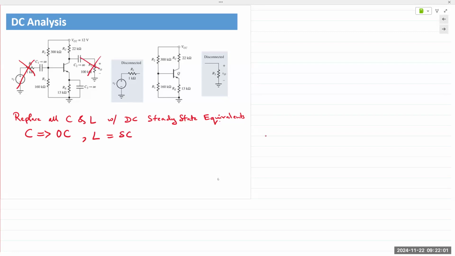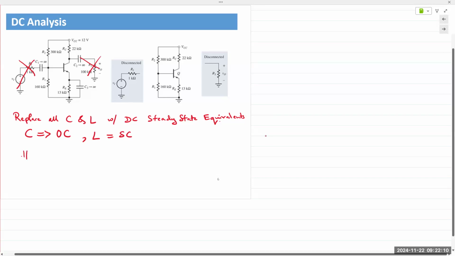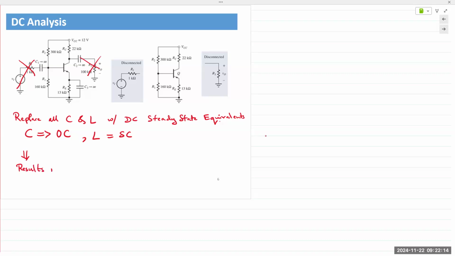All we are left with in the circuit is a 4-resistor bias circuit, or a voltage divider bias circuit.